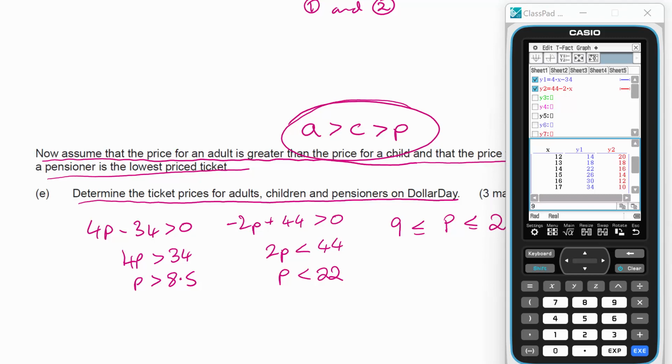So we have that the adult price is equal to $22. The child price is equal to $16. And the pensioner price is $14.